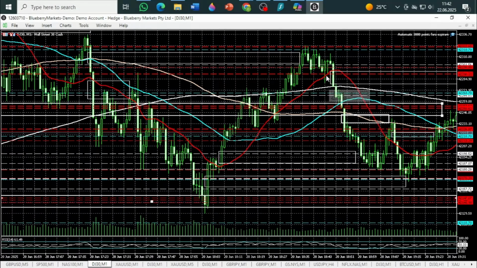and we also look carefully for another fair value gap from this trend. We can notice here another fair value gap and a final fair value gap here.